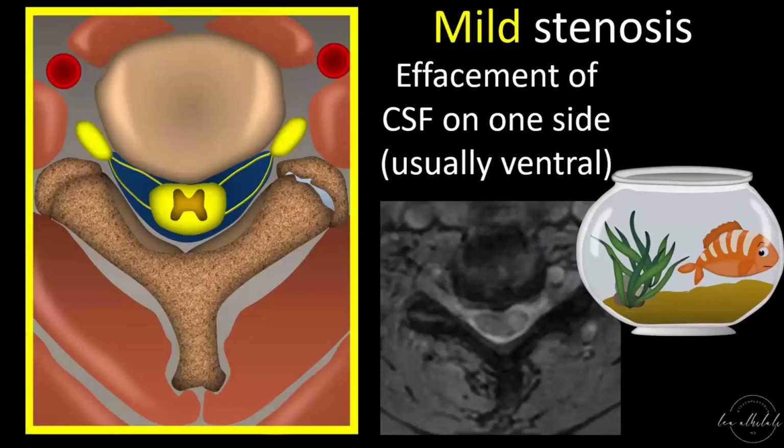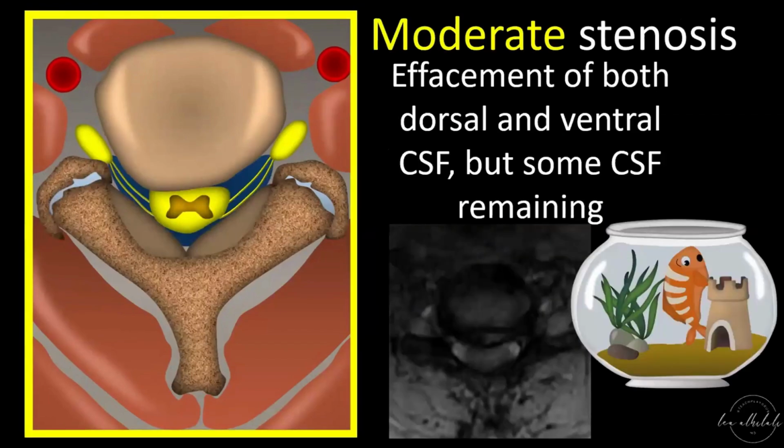Mild canal stenosis is when either the ventral or the dorsal CSF is effaced, but the other side is still empty. The other side of the fishbowl is still there for the fish or the cord to swim around. So if you attenuate either ventral or dorsal, but not both, that's mild.